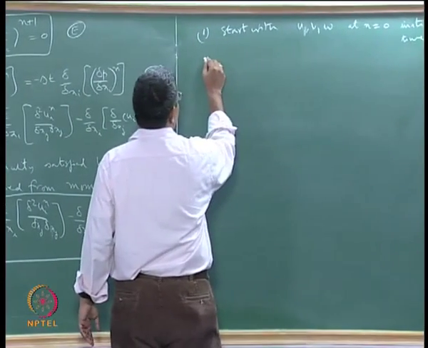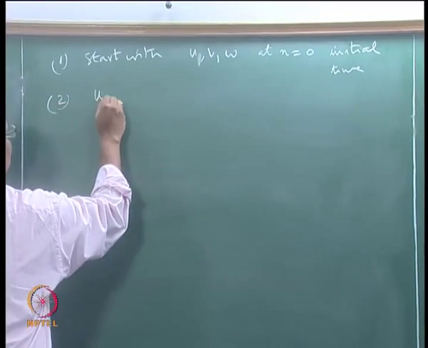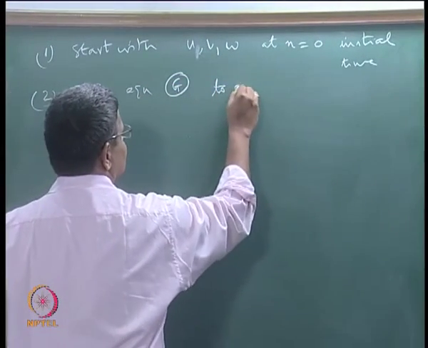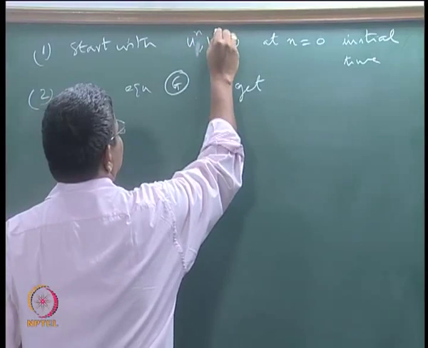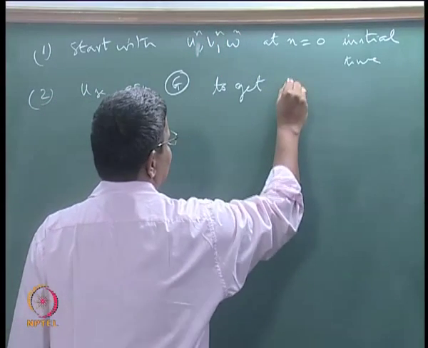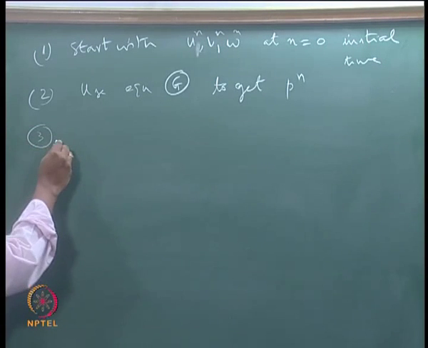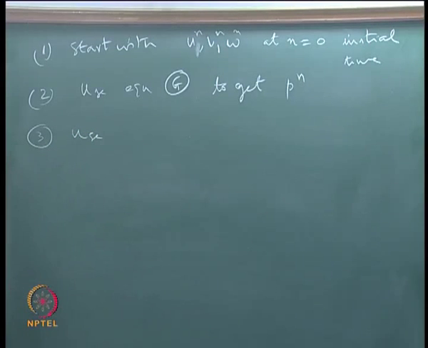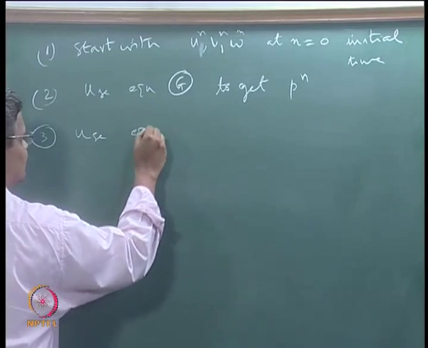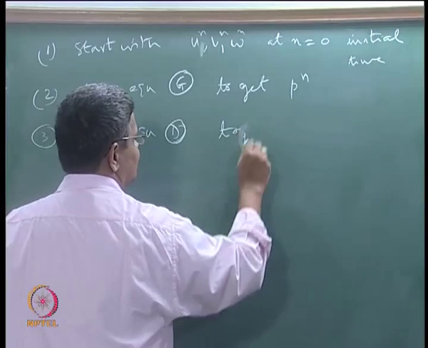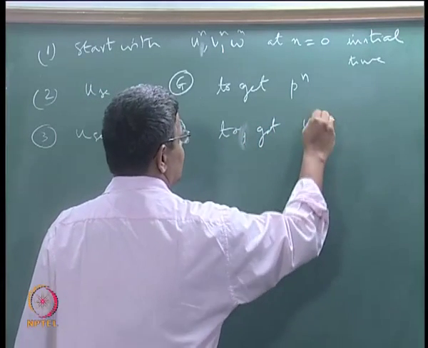So use equation G to get Pn, okay, and use equation D to get ui n+1.